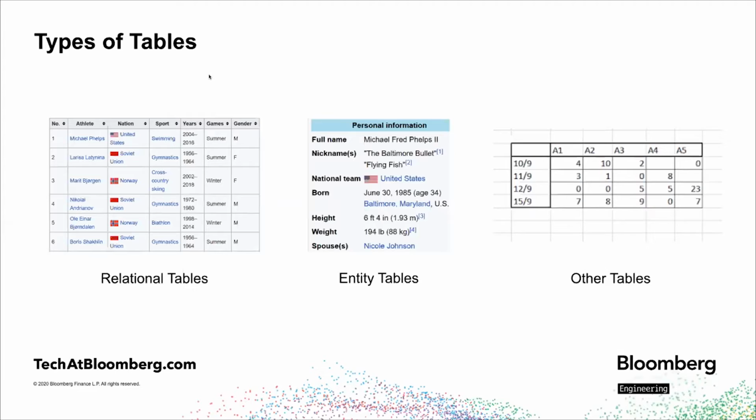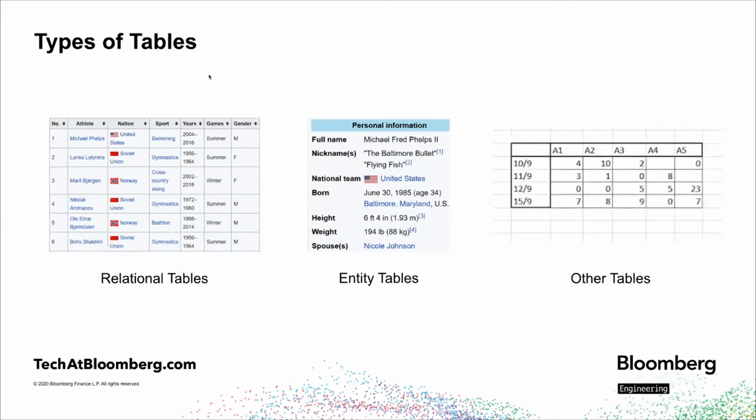In this example about athletes, we can see a list of athletes, like Michael Phelps and Marit Bjørgen, and also their attributes such as nation, sport, years, games, and gender. This is a relational table.